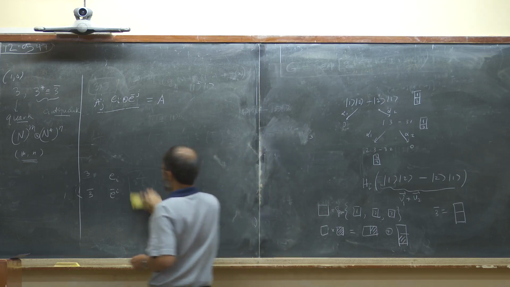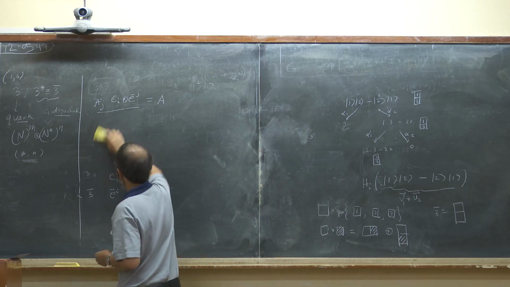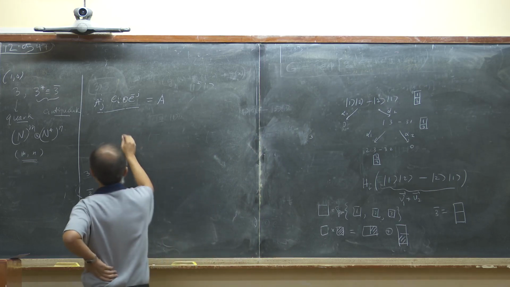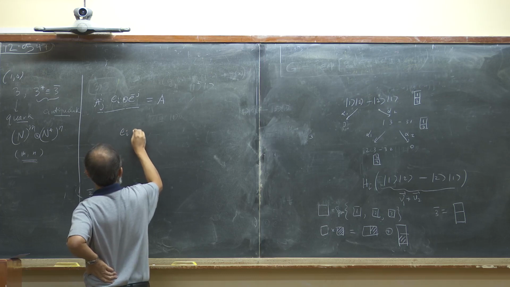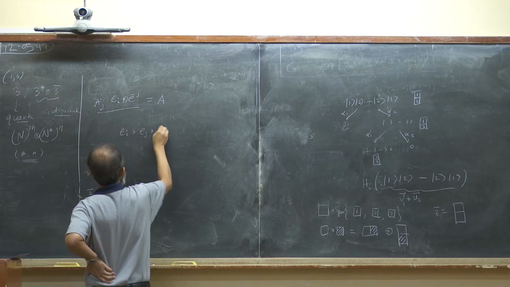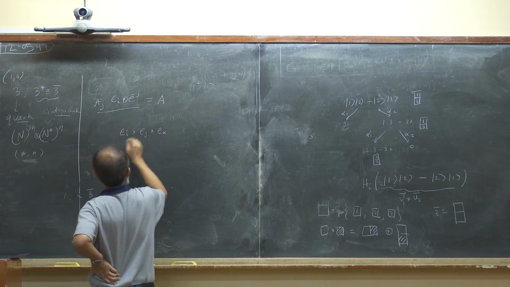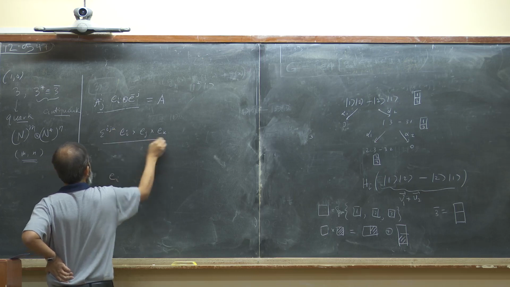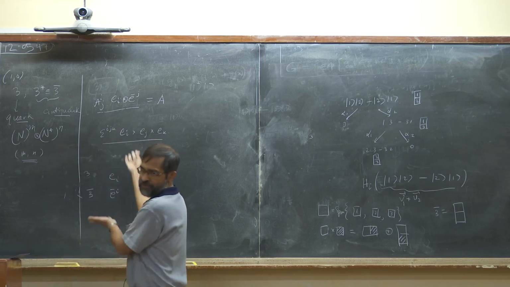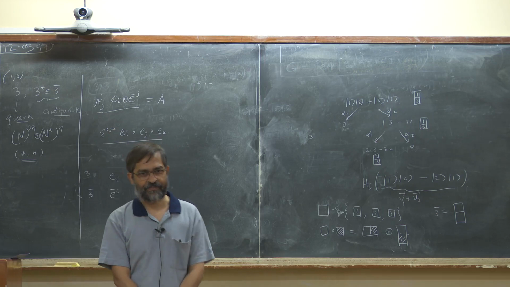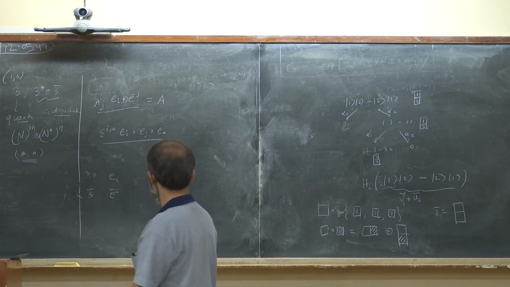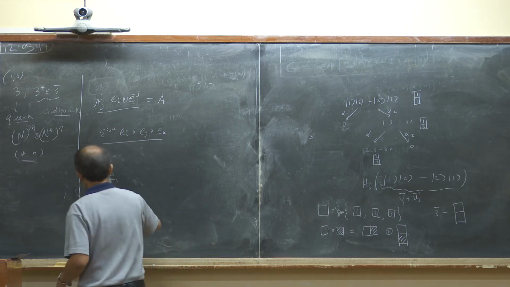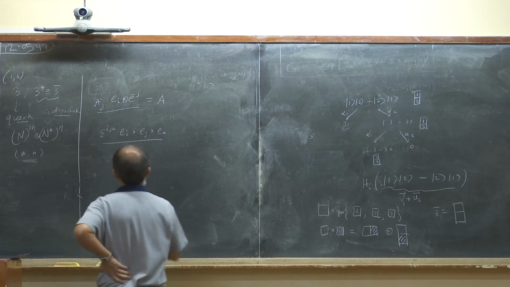That already tells you something interesting: e_i e_j e_k contracted with epsilon_ijk, the same statement made now in terms of the actual tensors, must be a singlet.